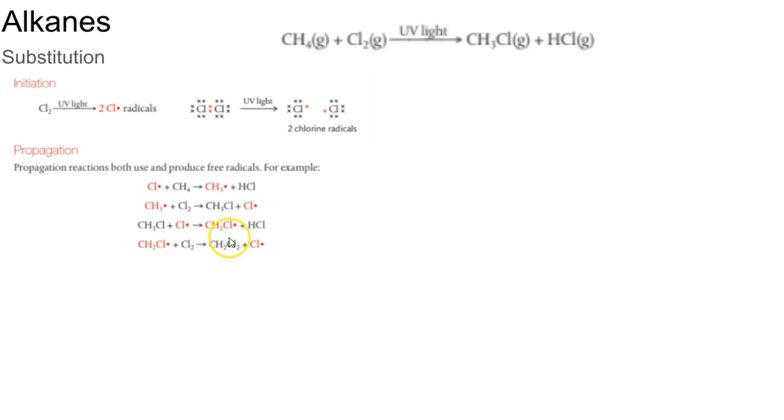Maybe that CH2Cl radical will attack a chlorine and we'll get CH2Cl2. This can go on and on, and we can get all of the hydrogens off of that carbon and replace them all with chlorine. We won't only get CH3Cl, we'll also get CH2Cl2, CHCl3, and CCl4.